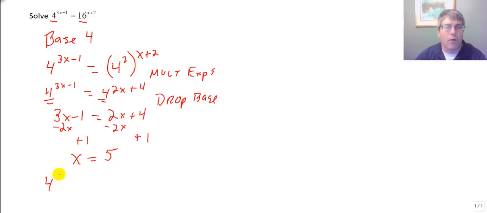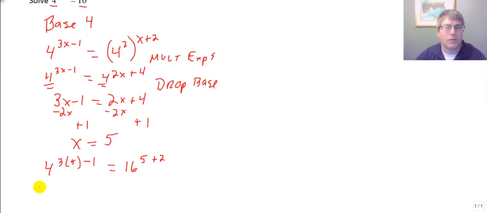So 4 to the 3x minus 1 should equal 16 to the 5 plus 2. So 4 to the 3 times 5 is 15, minus 1, 4 to the 14th equals 16 to the 7th power.